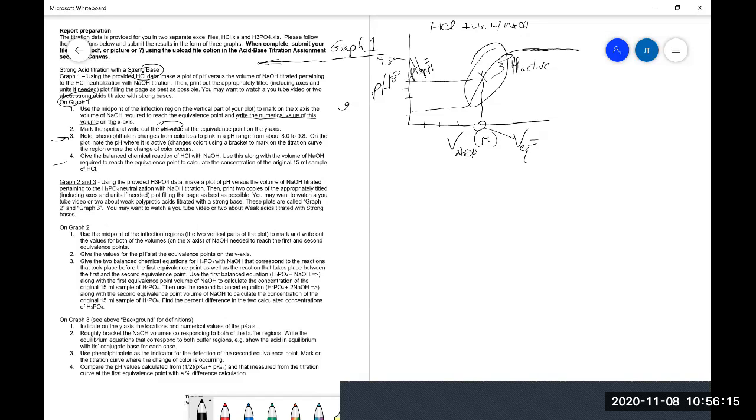That brings us to 4. Give the balanced chemical equation for the reaction of HCl with NaOH. Use this along with the volume of NaOH required to reach the equivalence point to calculate the concentration of the original 15 milliliter sample of HCl.